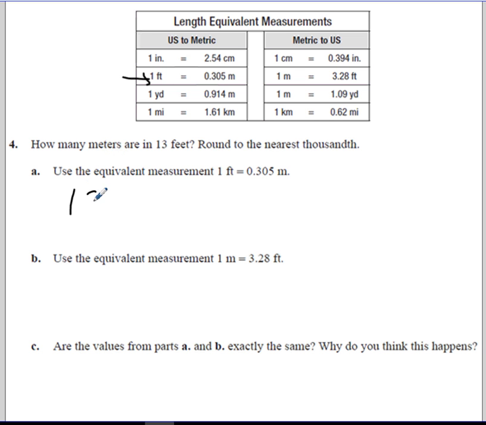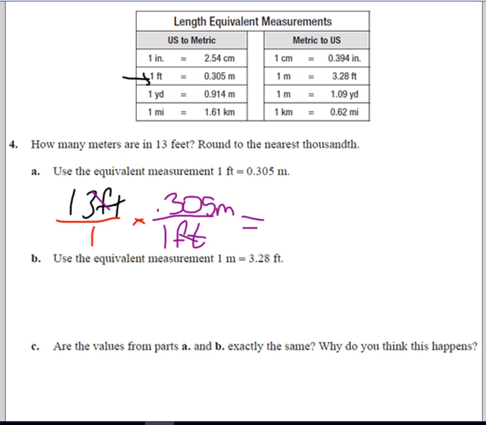Okay, so we have 13 feet. And remember, we can put that over 1 if we want to think of it as a fraction. And we need to get rid of feet, so the feet unit goes on the bottom, so we can cancel that. And the 0.305 meters, therefore, goes on the top.